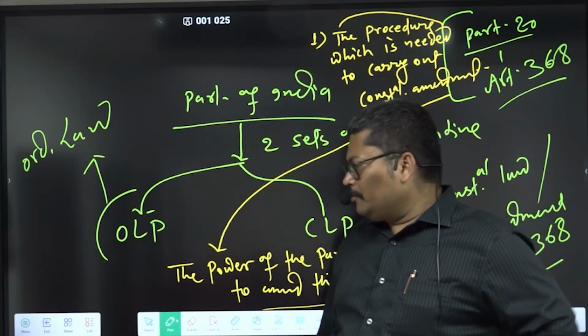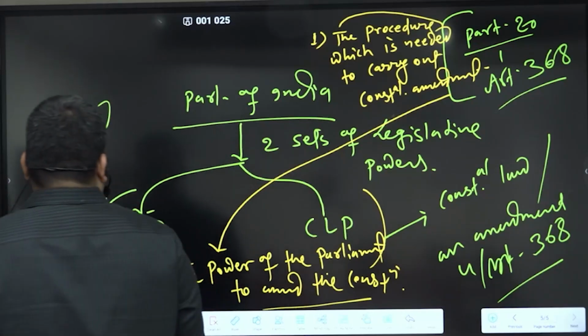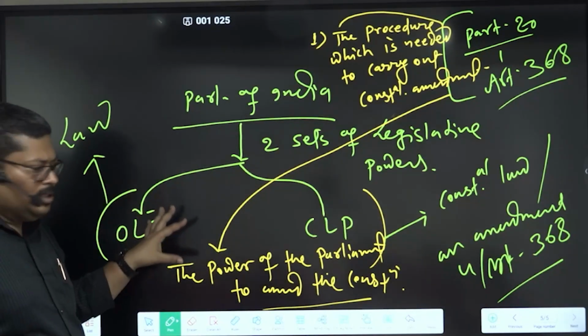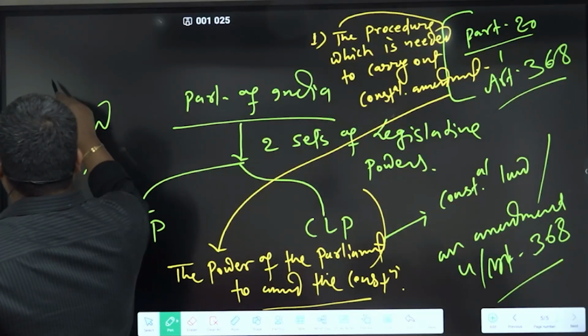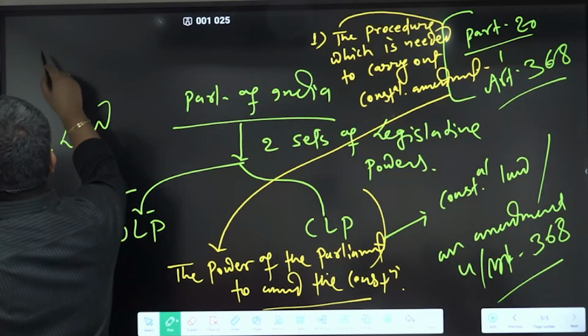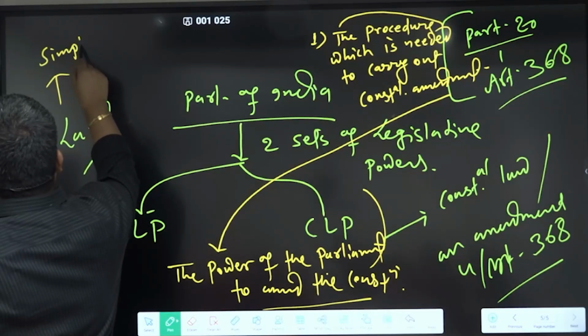Now the question is, which kind of majority is employed while amending the ordinary provisions, or you can say flexible provisions? So in order to amend flexible provisions, Parliament needs simple majority.